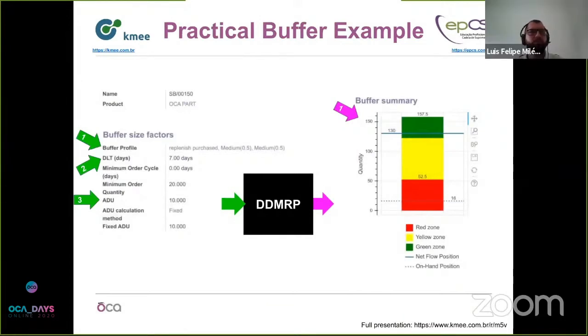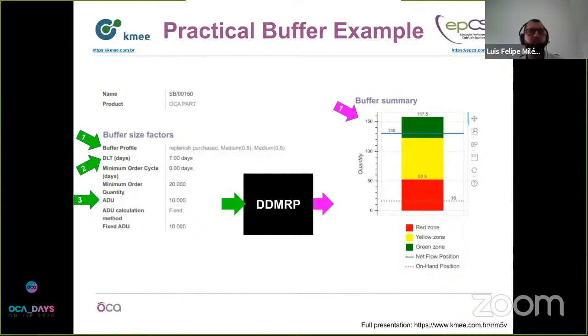In Odoo, we have the buffer profile. We have these three most important inputs. The first one is the buffer profile, where you have to say whether it is a purchased, manufactured or distributed part, and a measure of its lead time, and a measure of its variability.